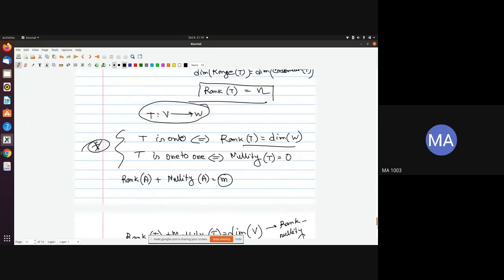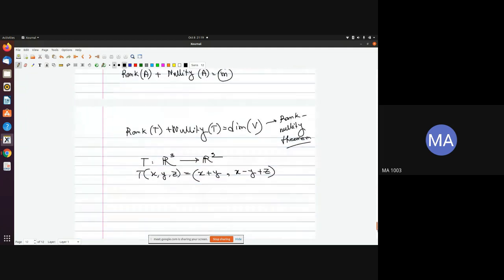Okay, and what did I calculate here? What was the nullity? Nullity I have calculated, right? 1, sir. So by using the rank-nullity theorem, what can I tell about rank? Rank plus nullity should be 3.